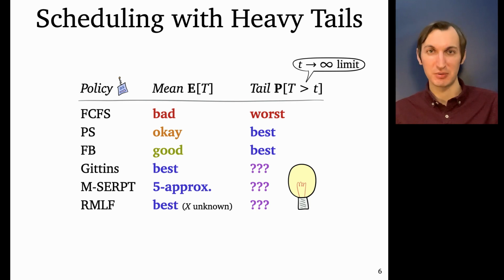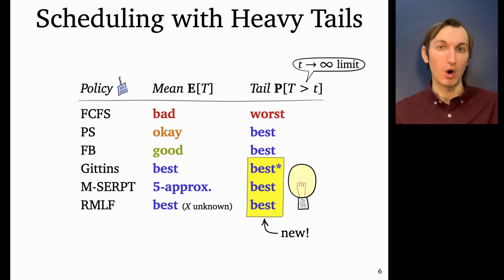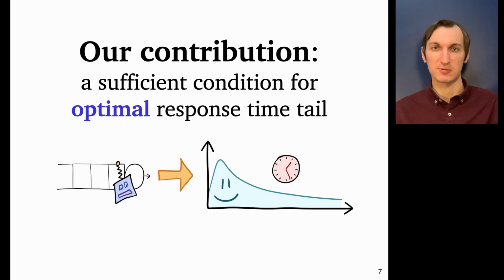And that's exactly what we show in this talk. We show that all 3 of these policies have the best possible tail decay: Gittins under certain conditions, SERP and RMLF always, at least in the heavy-tailed job size setting. Moreover, we prove a more general result. We give a sufficient condition under which a scheduling policy has optimal response time tail.